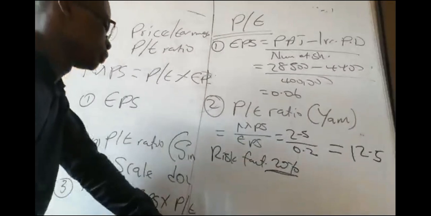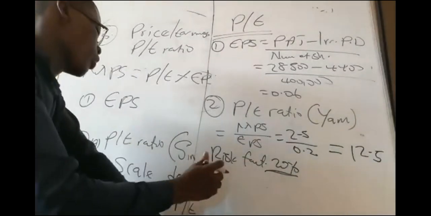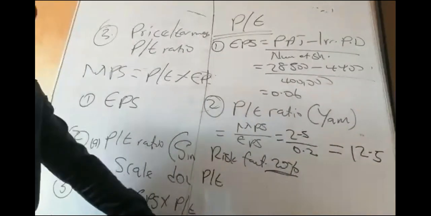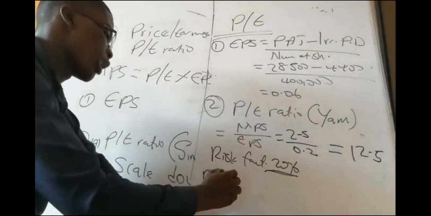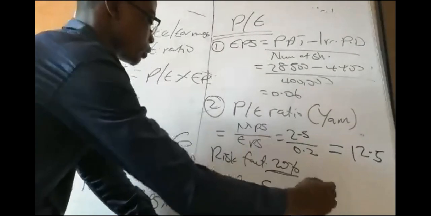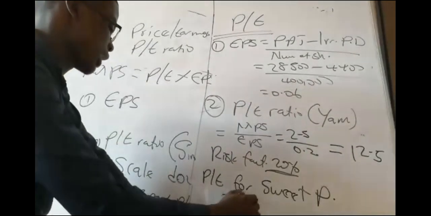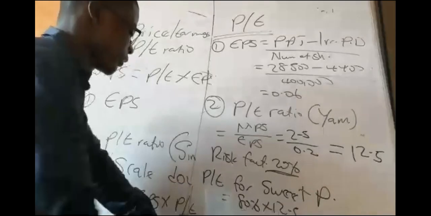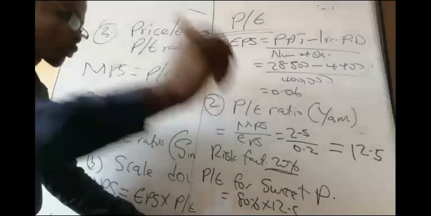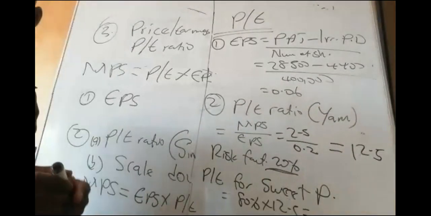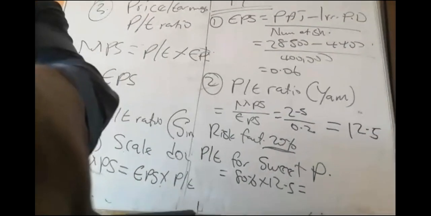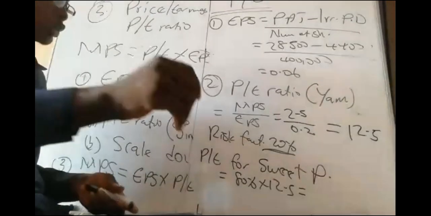Therefore, the PE ratio for sweet potato, the company in question, will be 80% times 12.5.